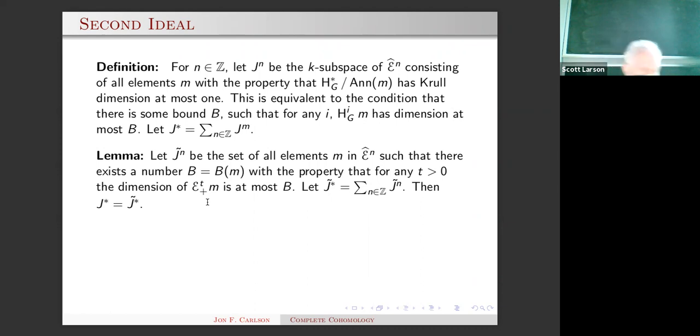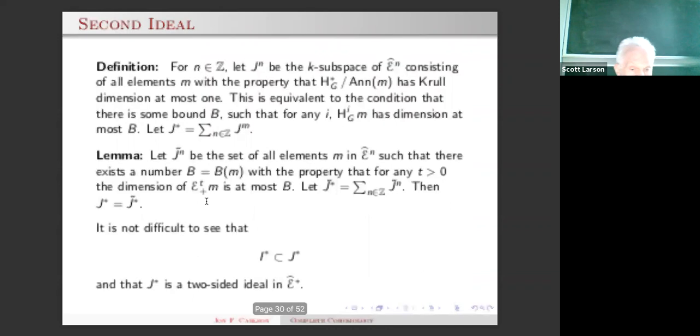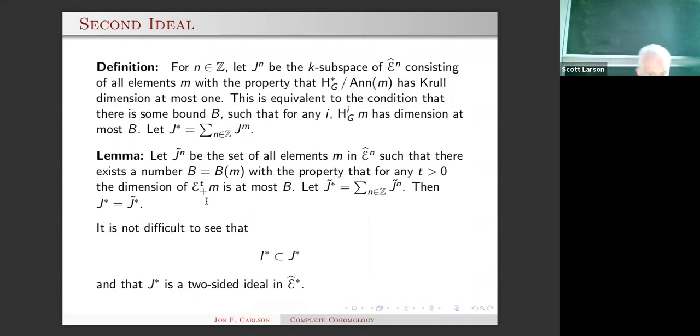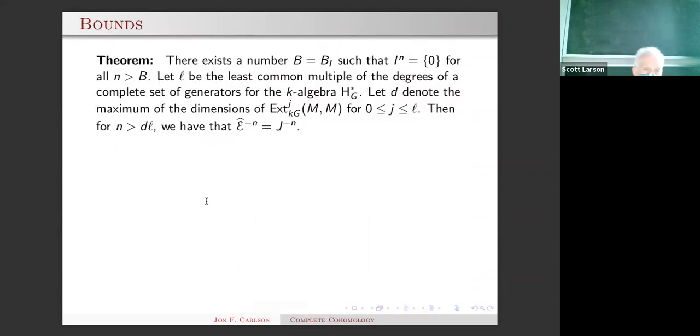But there I have to say it in terms of this bound rather than in terms of Krull dimension, because this E star plus is not a commutative ring. It's not difficult to see that this I star is contained in J star. We just said that. And the J star is a two-sided ideal. Again, you prove that. So we do get some bounds on this.